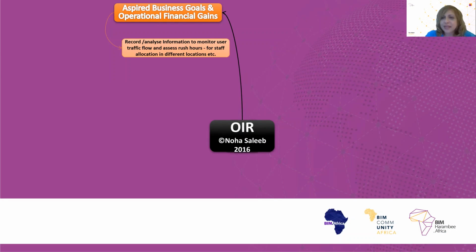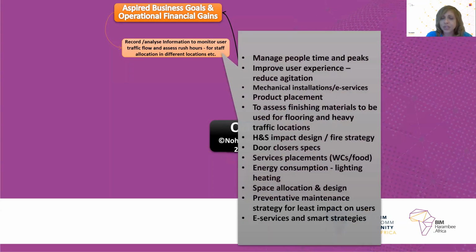So if the client says that one of my business objectives is to have clear analysis and to improve the user traffic flow, especially during rush hours, and also to better inform staff allocations at different locations. Now, this could have many implications on the design phases that come later on. It is not simply a generic objective that the client is aiming to achieve.